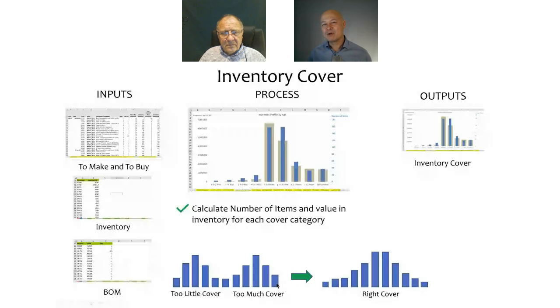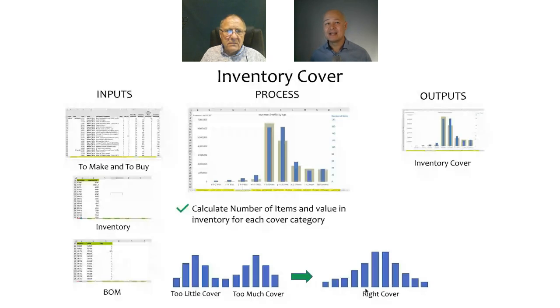And we want to shape this and move it towards this kind of distribution here, where we've got most of the items and the value of the stock in the cover categories where it's turning fast enough to keep working capital working, but it's providing the right amount of availability and buffering the uncertainty that we see within the demand.